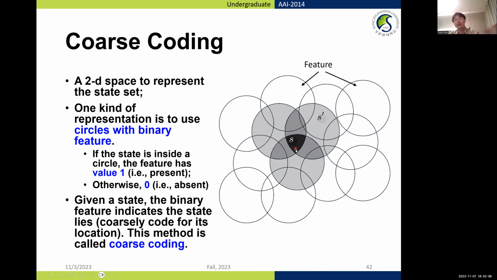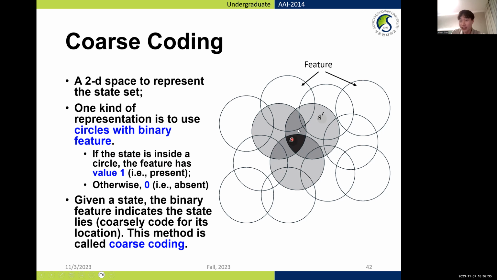But in state aggregation, we divide the states into multiple groups, so each state will only be activated by one group. In this case, one state is represented by multiple groups, here 3 circles. If the state is inside a circle, then the feature has the value 1, otherwise 0.